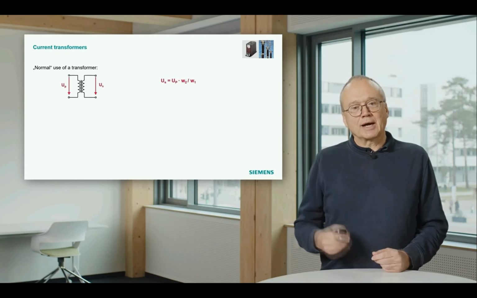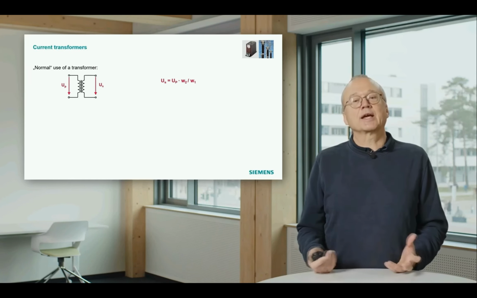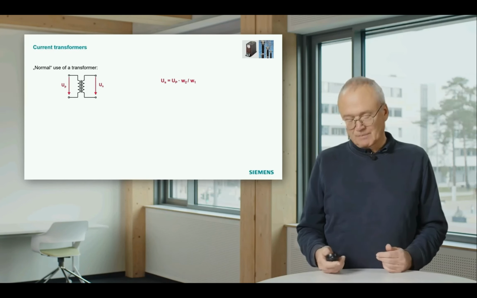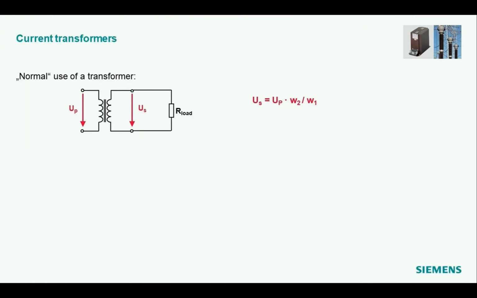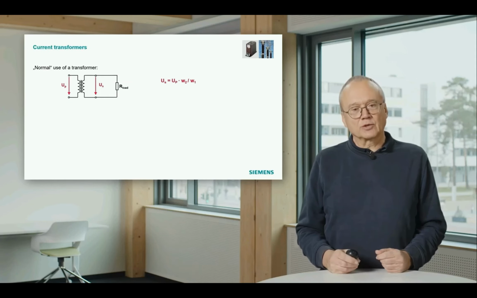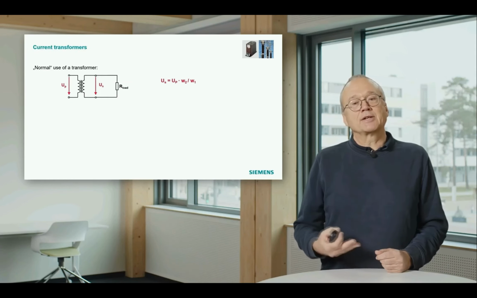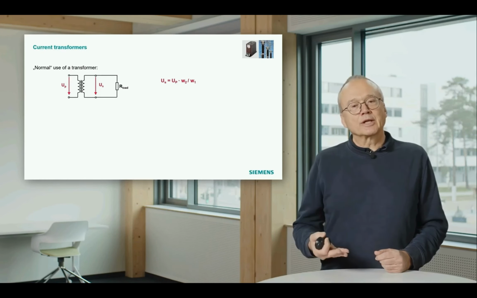The side with the higher number of windings has the higher voltage. Then you can connect a load to this. Then you have some load flow current on the secondary side. And if you reduce this resistor, the current will increase, the power will increase.